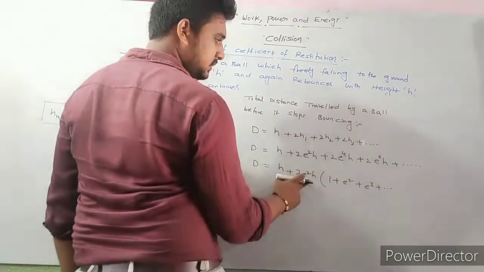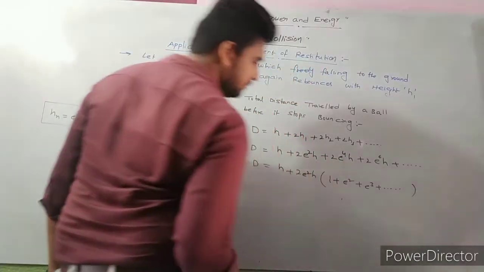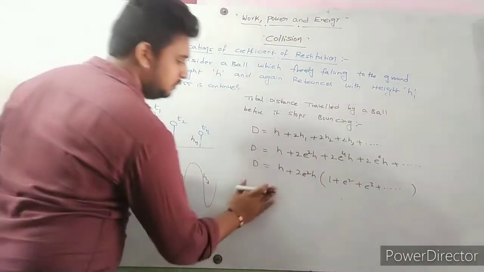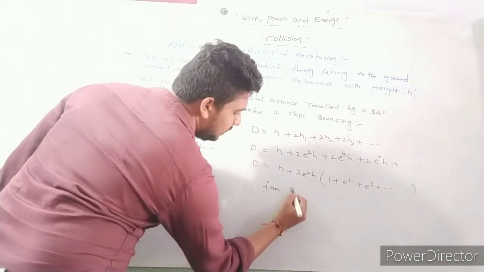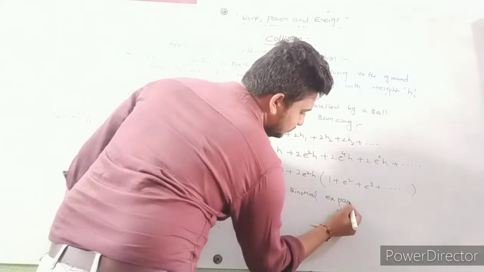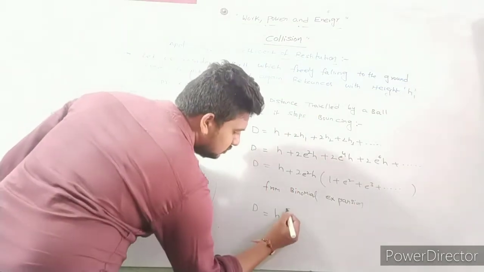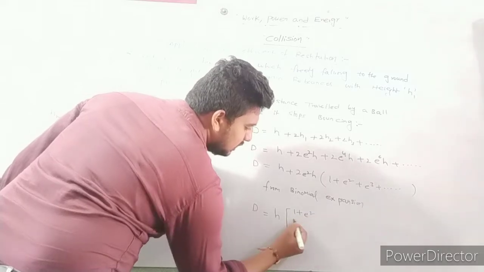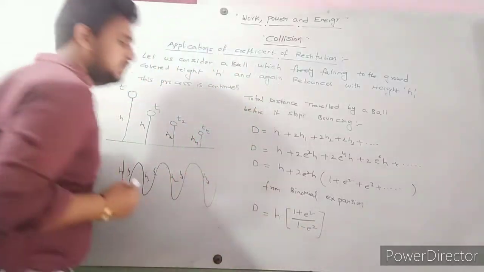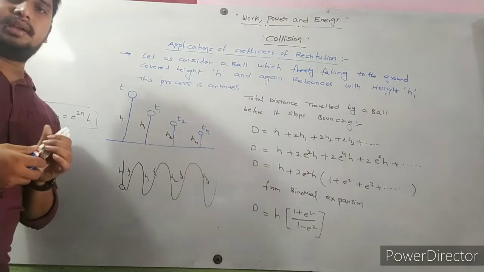So e square, this is e power 6, and so on like this we got. So from binomial expansion, d is equal to h into (1 plus e square) by (1 minus e square).